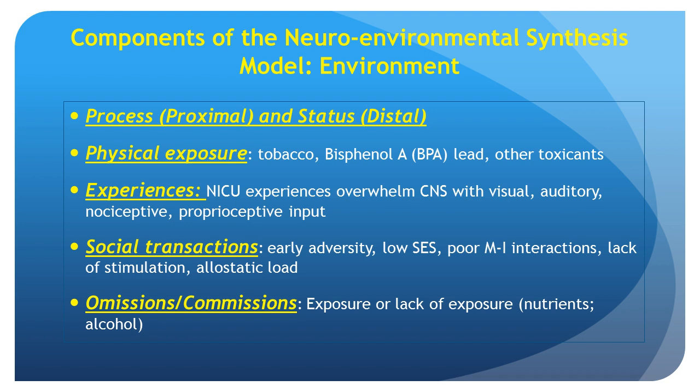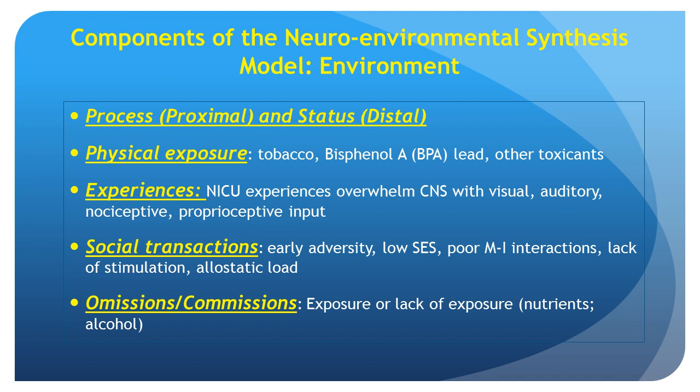For example, an omission would be the infant who is born at 24 weeks who misses out on intrauterine nutrition provided by the mom. Alcohol is a commission because of the negative impact on brain development. One other thing that is mentioned in the Bayley manual is what I call experiential bias.